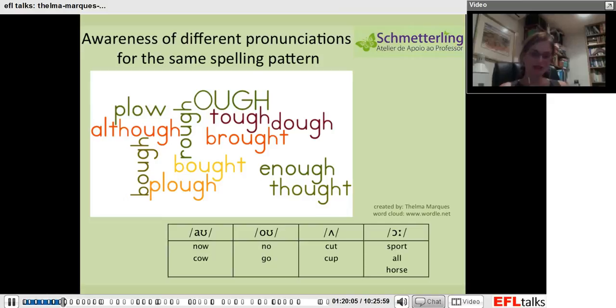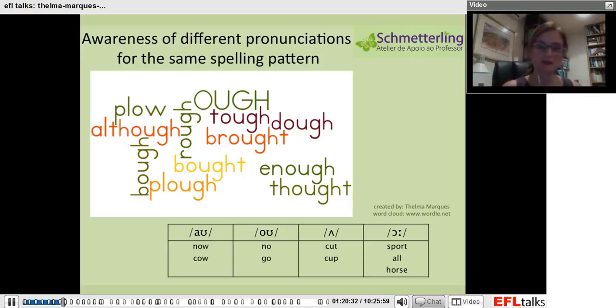Oh my God, how do you say these words? What's the rule, teacher? Sorry, but in English, not everything that you see is what you say. My point here is, knowing the symbols helps raise students' awareness of different pronunciations for the same spelling pattern, for O-U-G-H here.